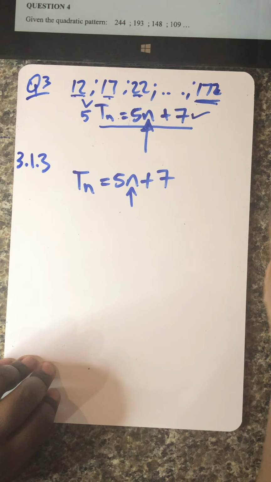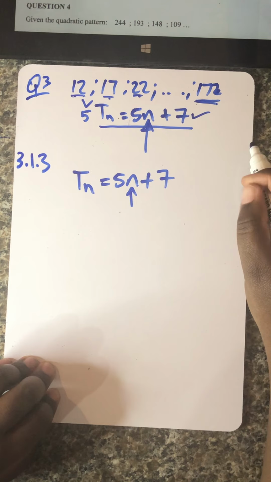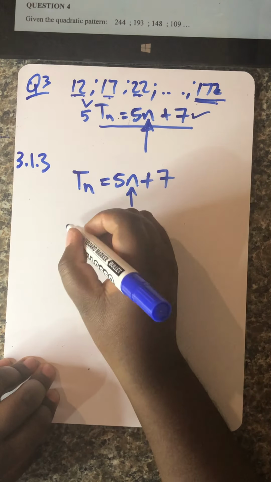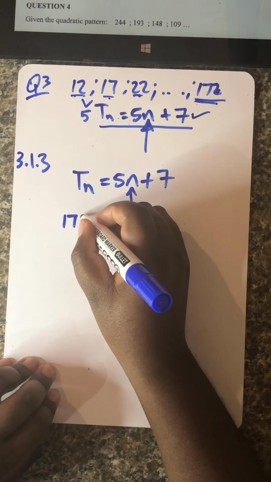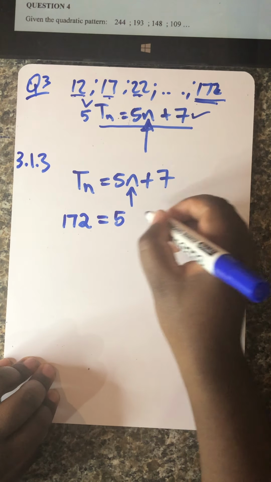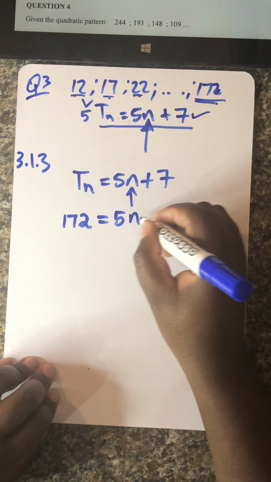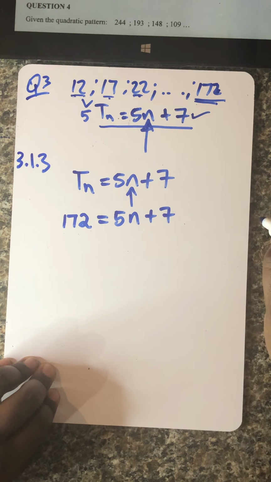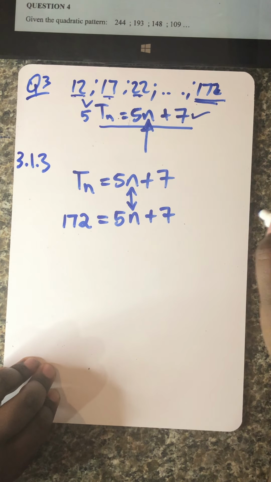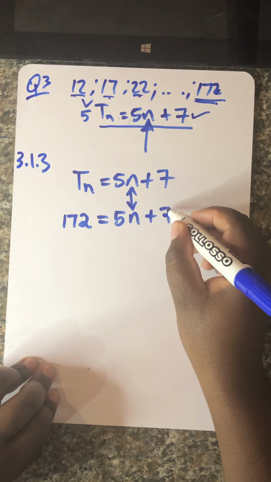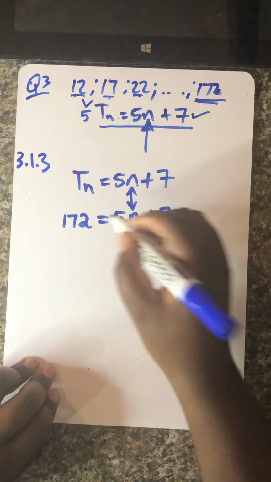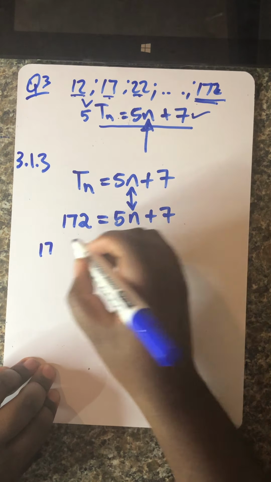Obviously, that means Tn equals that last number. Where the last number is 172, what is the number of that term? 5n plus 7. So what you do is just solve for n. You obviously know that you're going to subtract 7, moving it to the other side. Let me write the full steps.